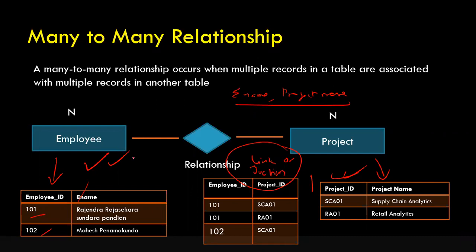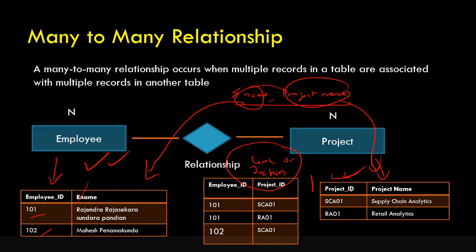So to get the project name and e-name, you need to join these two tables, because the project name is available in this table and the employee name is available in the other table. These two columns are in two different tables. To join them, I need a common column between these two tables.